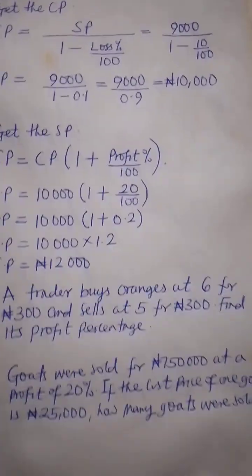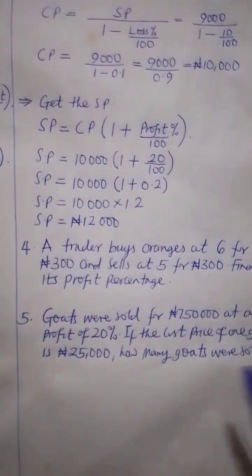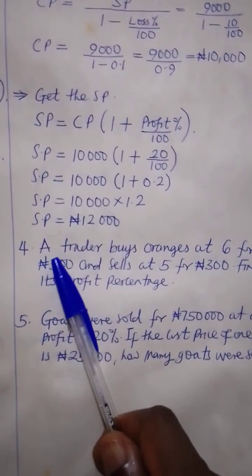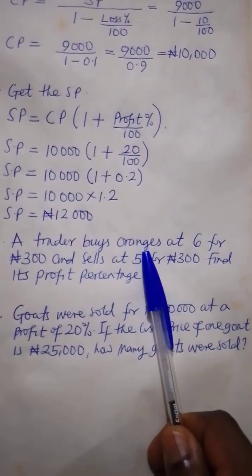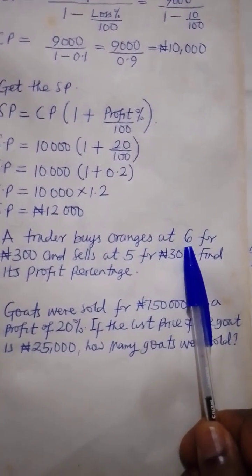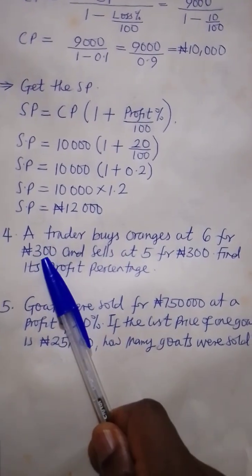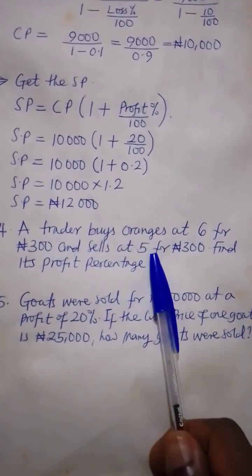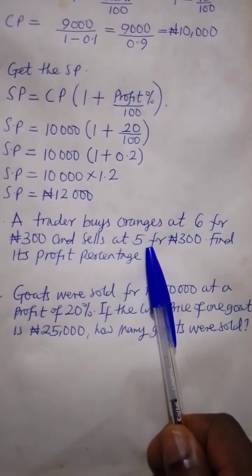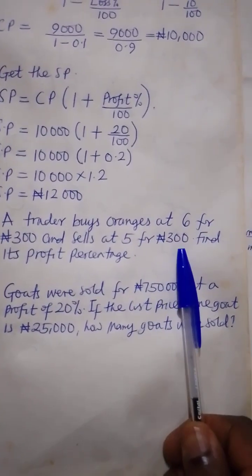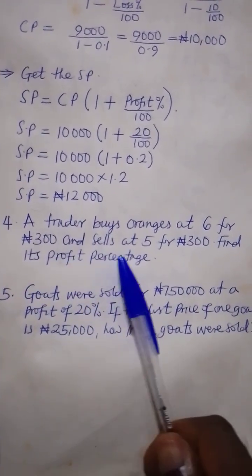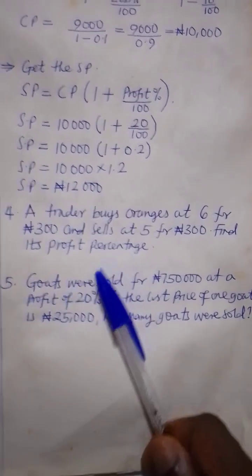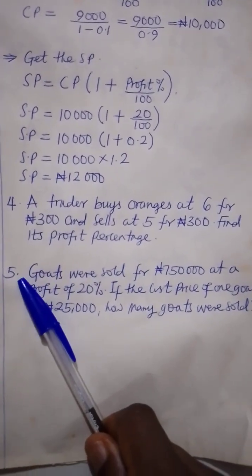I'd like you to do the following questions for me. Question 4. A trader buys oranges at 6 for 300 and sells at 5 for 300. Find its profit percentage. Question 5.